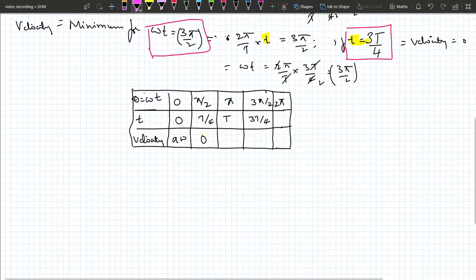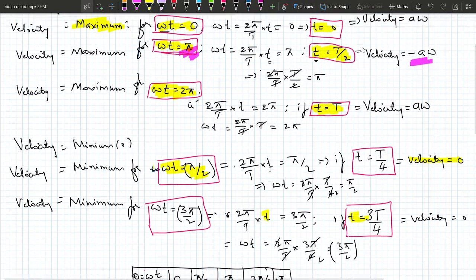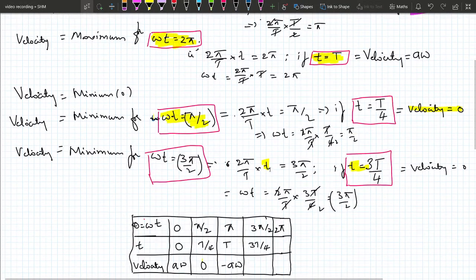Whenever theta is 3 pi by 2, it is again 0, so I should take this as 0.